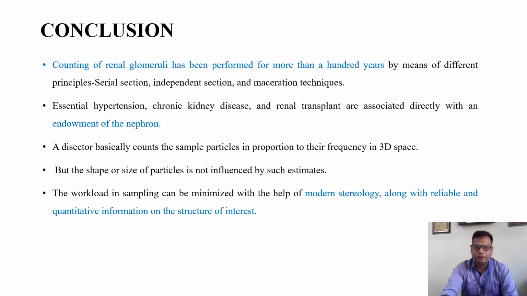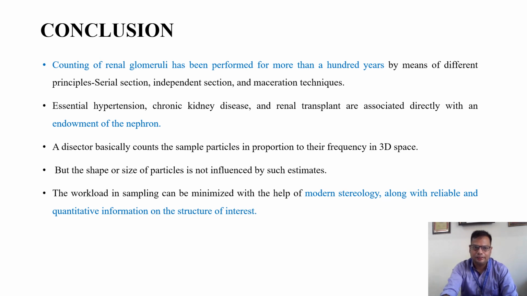In conclusion, the counting of the renal glomeruli has been performed for more than 100 years by means of different principles. Essential hypertension, chronic kidney disease, and the renal transplant are associated directly with an endowment of the nephrons.